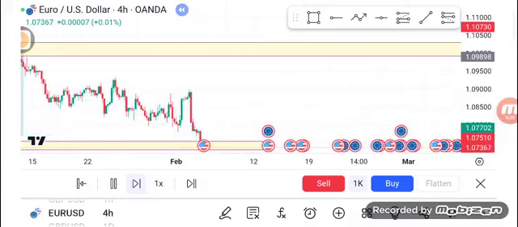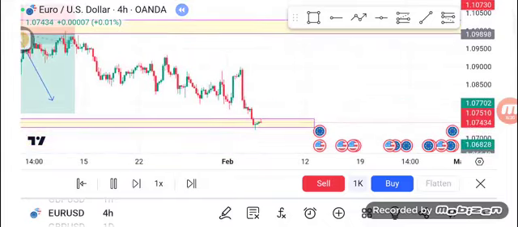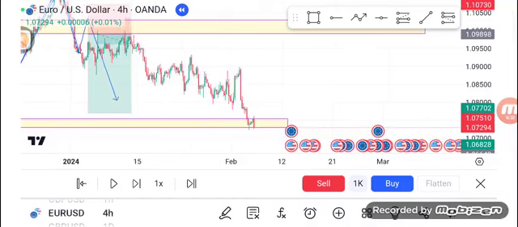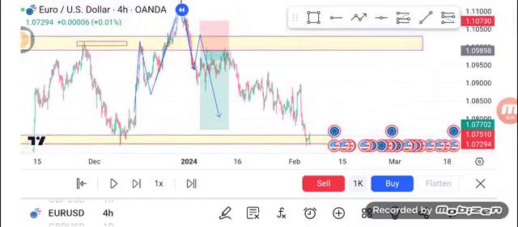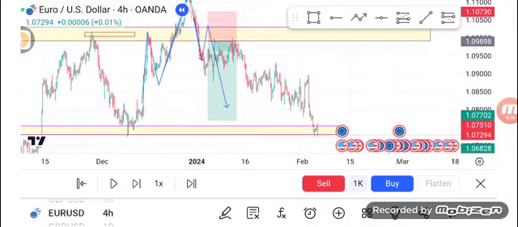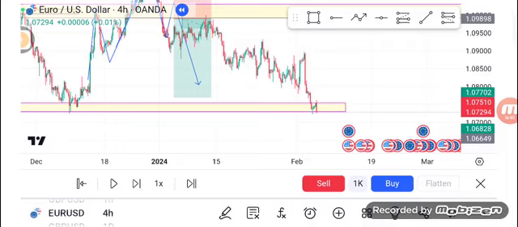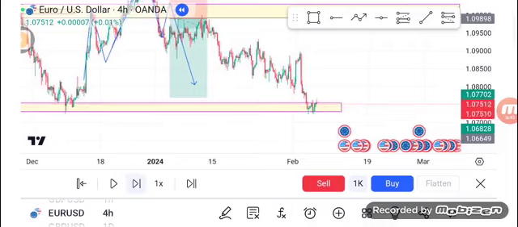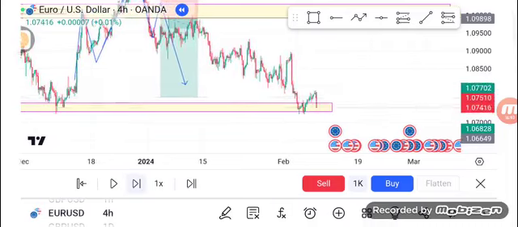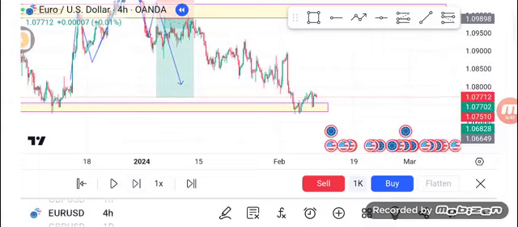Be patient. I think we already hit TP around this area. As you can see, very simple. So now giving us this, you can actually be waiting for a buy if you can see your entry here, or you wait for the market to break. You can see that I actually see a buy bias here.